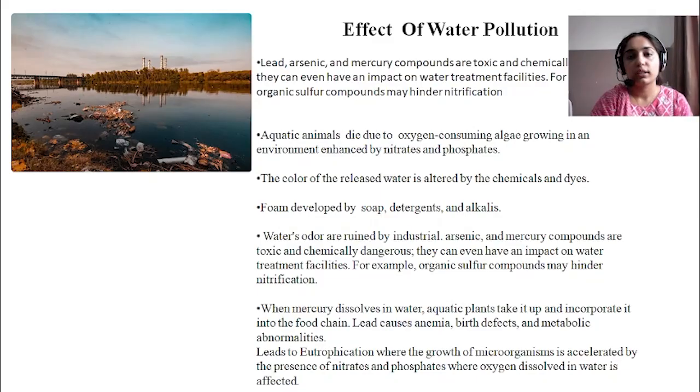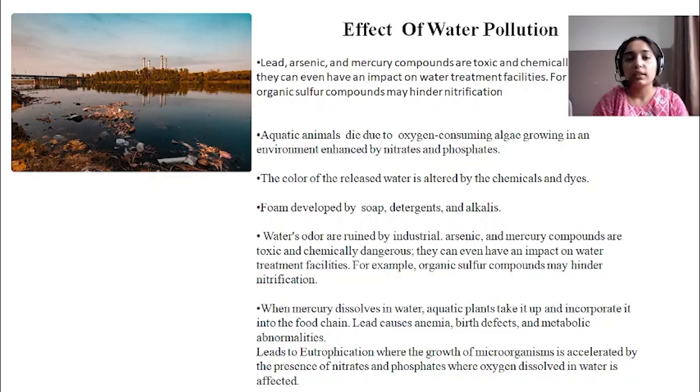Now, these are the effects of water pollution. A number of effects have been seen on living organisms due to water pollution. First one is lead, arsenic, and mercury compounds are toxic and chemically dangerous, and they can even have an impact on water treatment facilities.